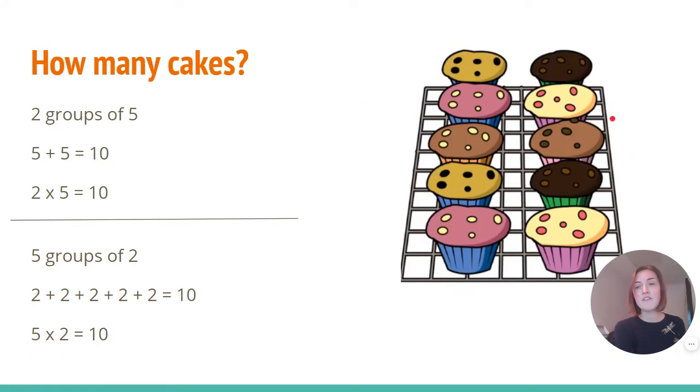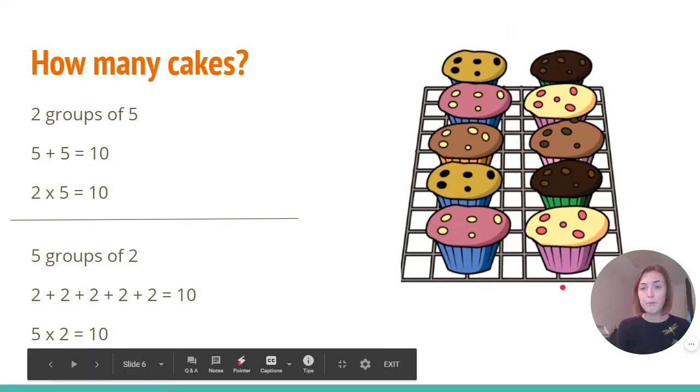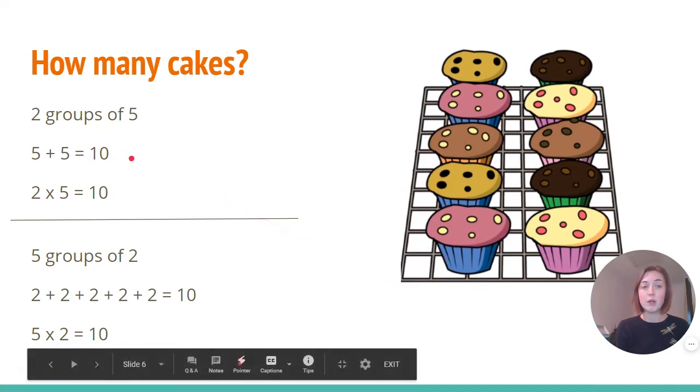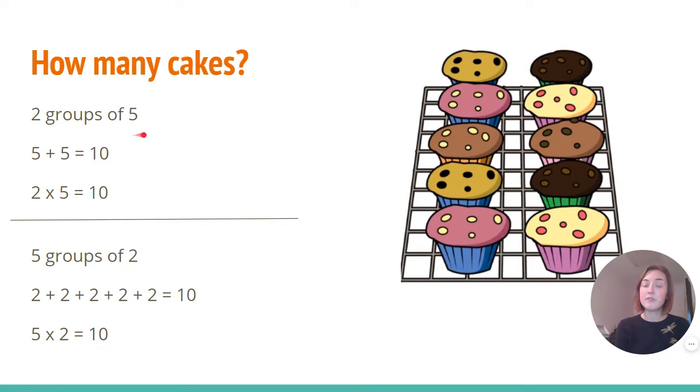So here I have another array. This time it is some yummy looking cakes. And I'm going to show you how I can get to the same answer using 2 different ways. The first way I could look at this is I can see that I've got 1, 2 groups with 1, 2, 3, 4, 5 cakes in each group, which would make 2 groups of 5.